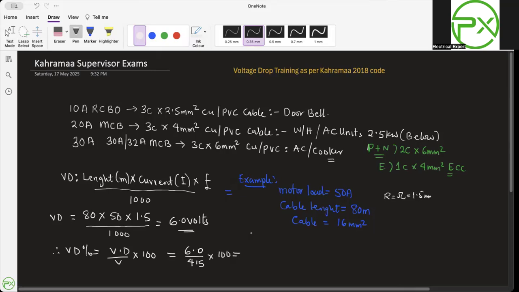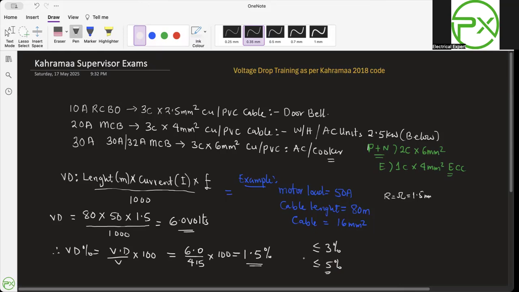So finally, I'll be having around 1.5 or 1.4 percent. So this is acceptable since the voltage drop for lighting must be less than or equal to 3%, and that of power less than or equal to 5%, as per Kahramaa specification.